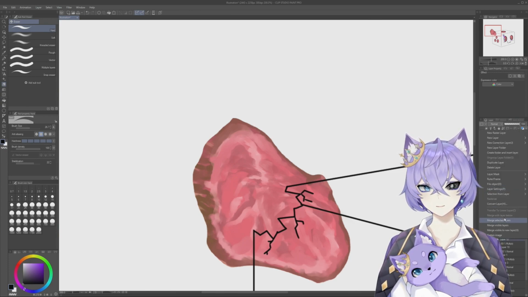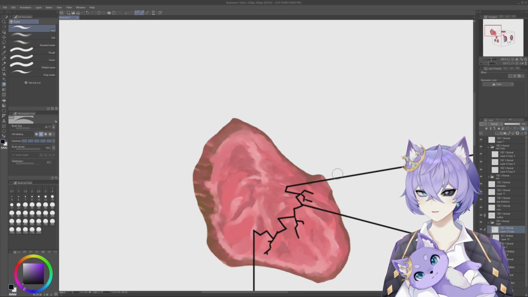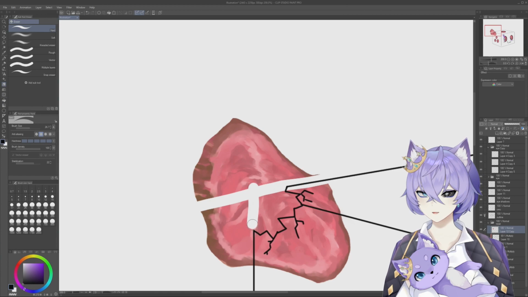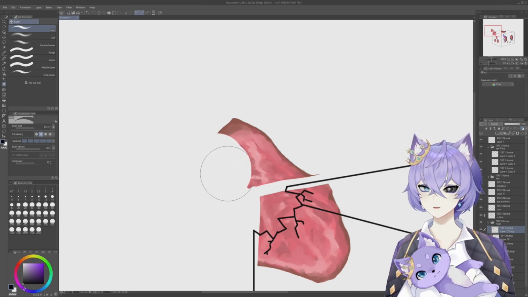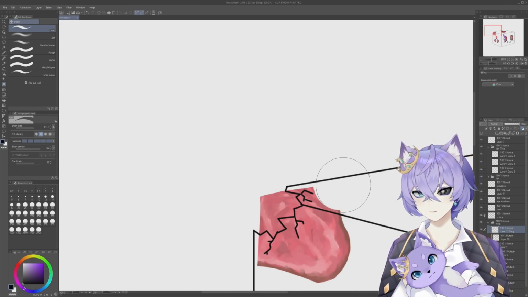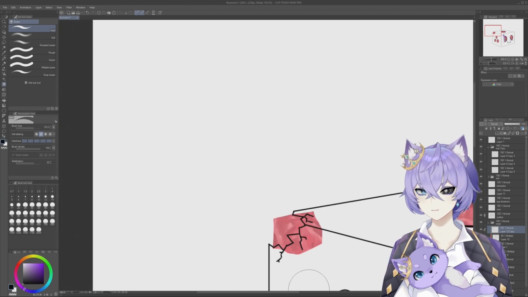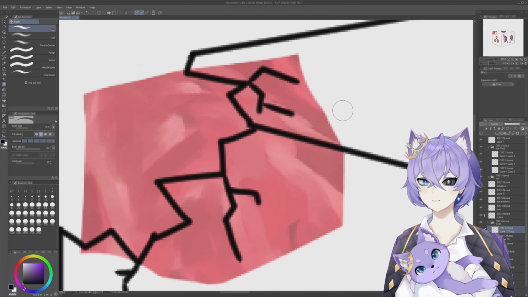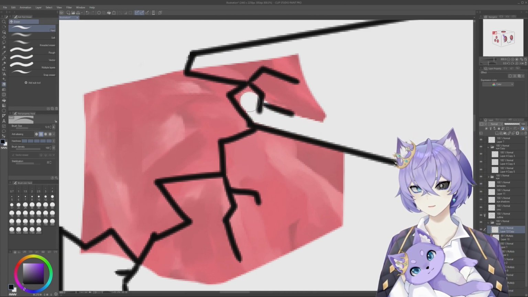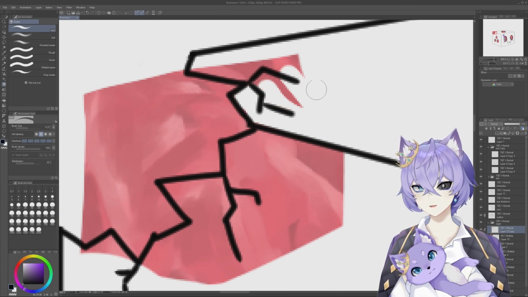Meld these two, so merge selected layers. And now we follow the lines of a cube right underneath the lines of the broken dice. And once that's done, I just need to clean this up. Go in, clean all this up.